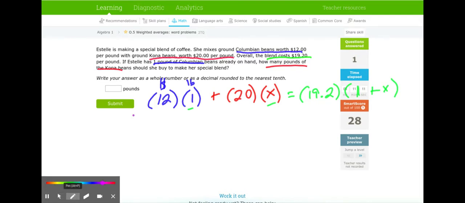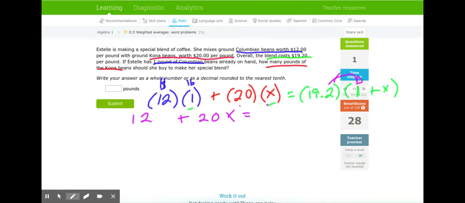So 12 times 1 is 12, plus 20 times X is 20X, equals, distribute this over here. So 19.2 times 1 is 19.2, plus 19.2 times X. And then we just need to solve. So let's get the x's on one side. So subtract 19.2x.